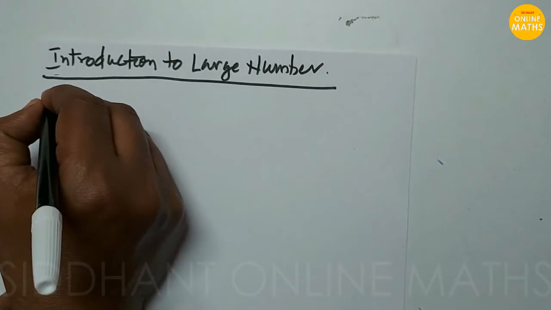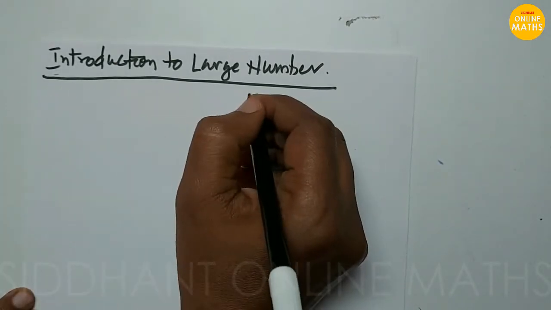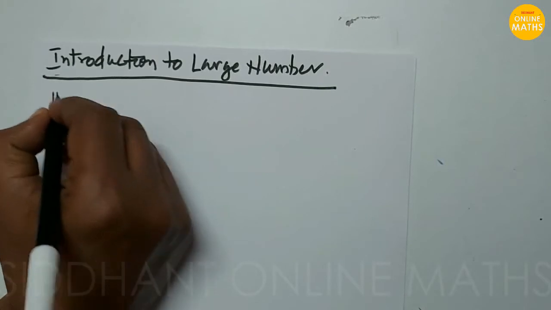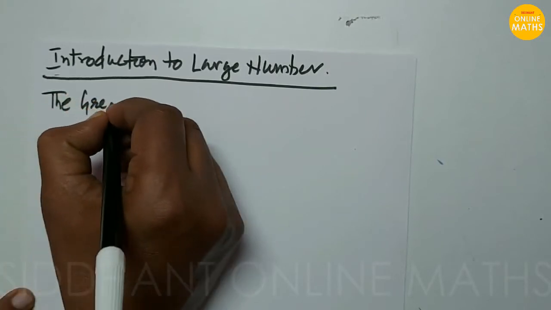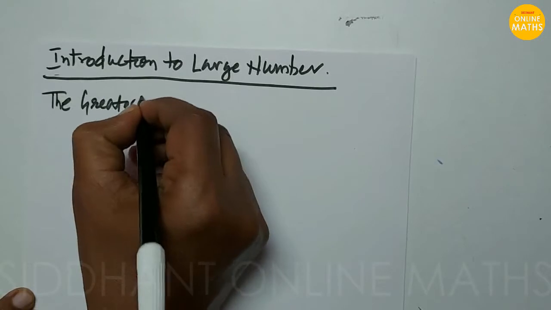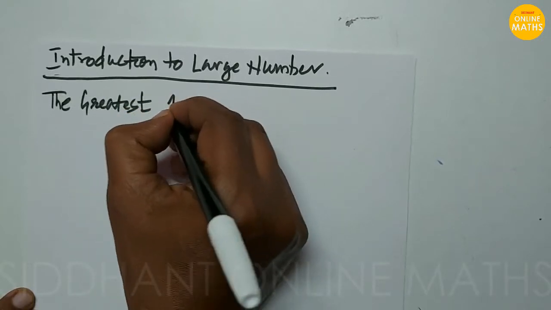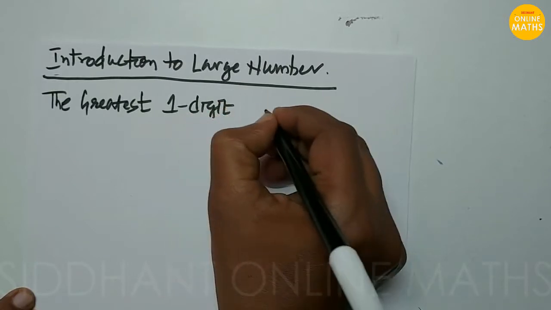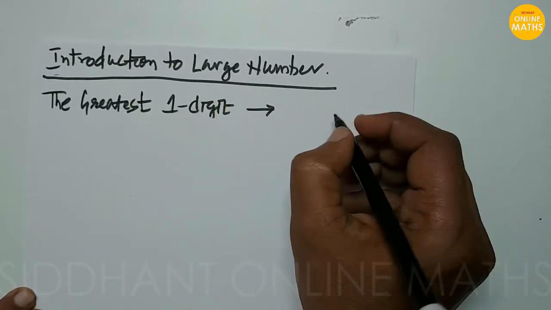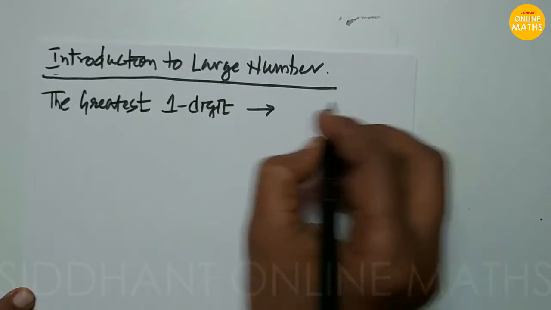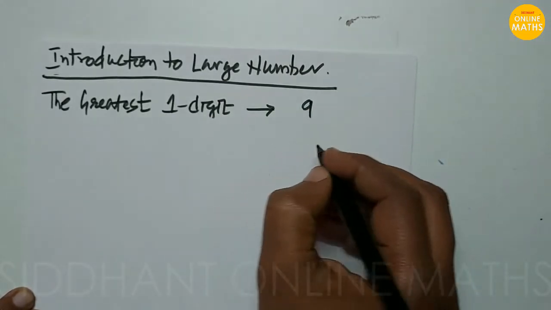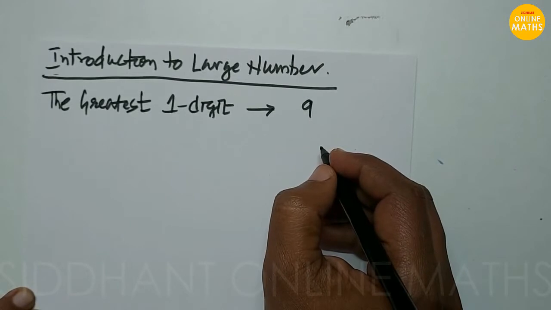So here, when you see digit wise, the greatest one digit number is 9.